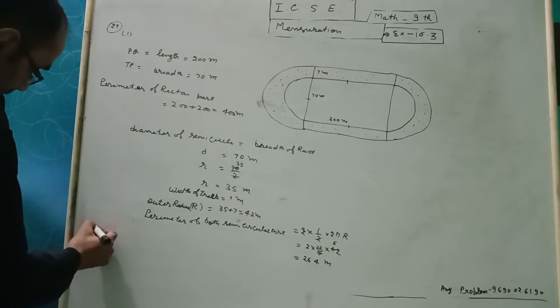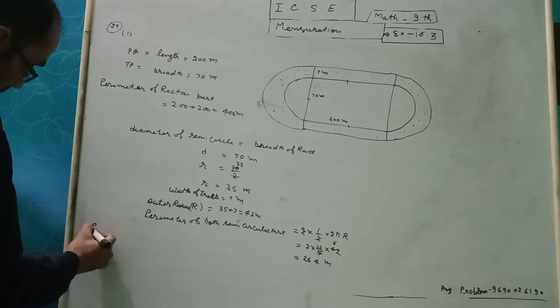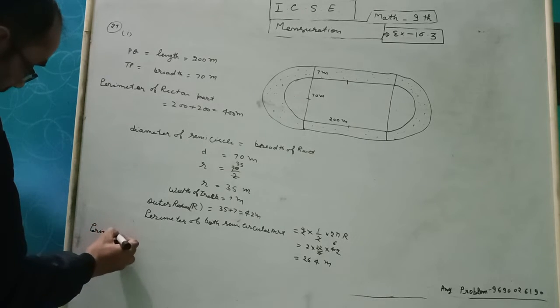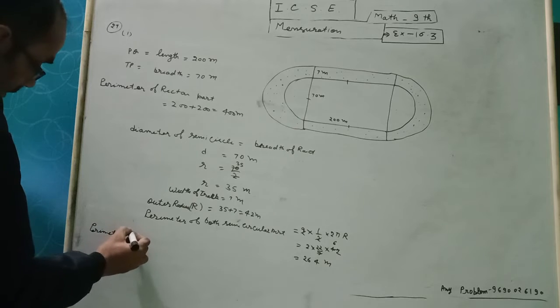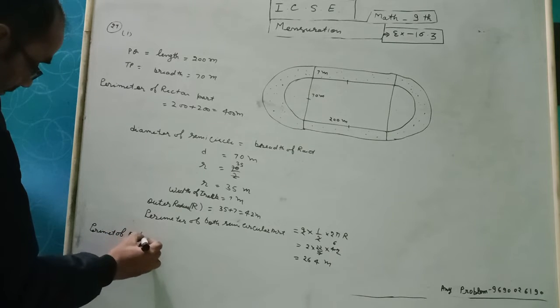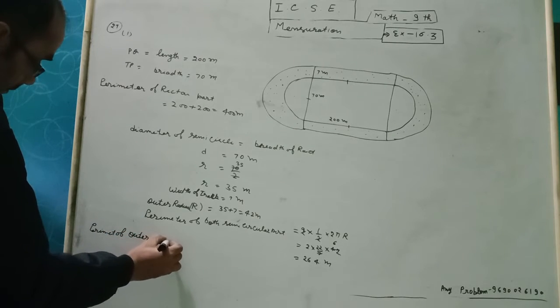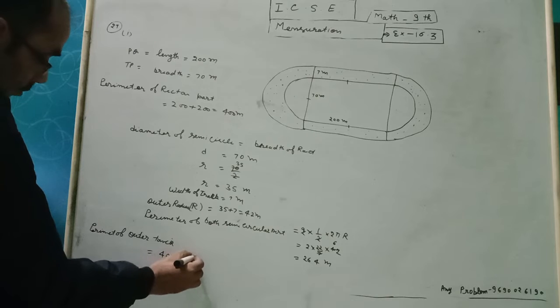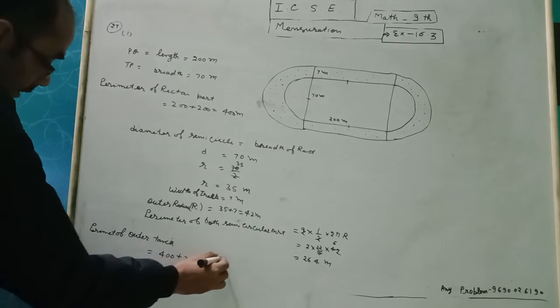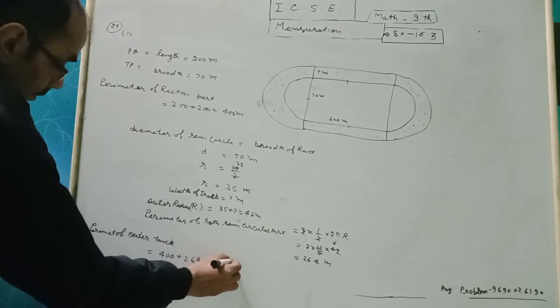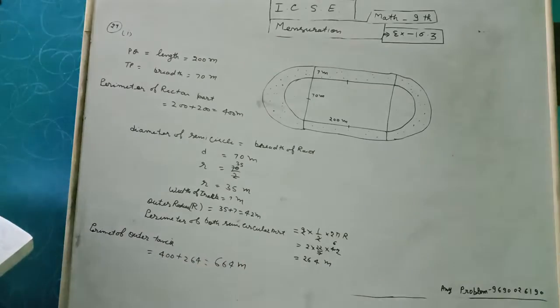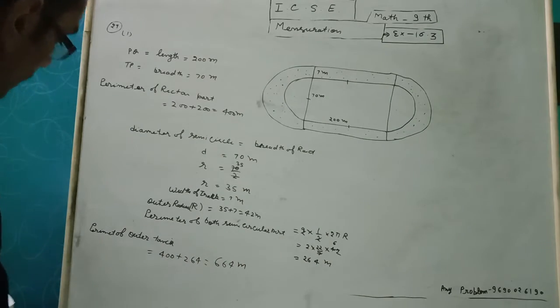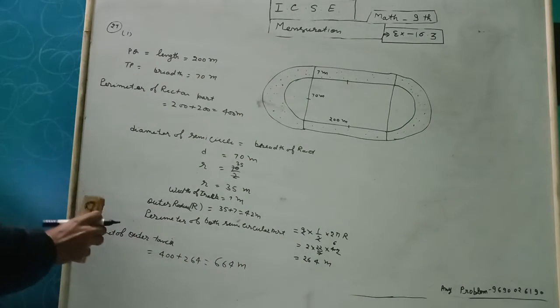Perimeter of the track, perimeter of outer track is equal to 400 plus 264, 664 meter will be the length of the outer track.